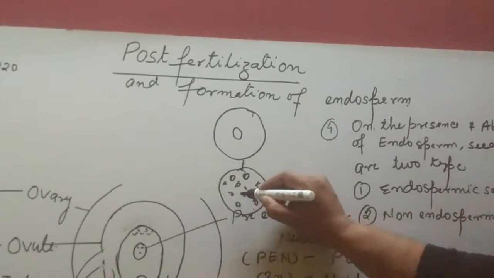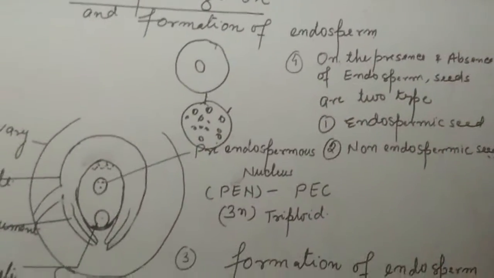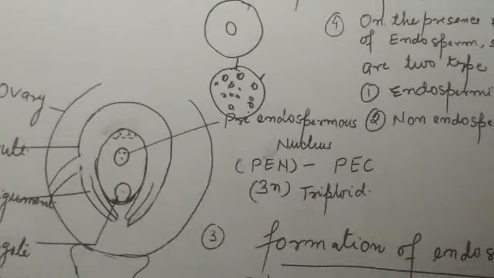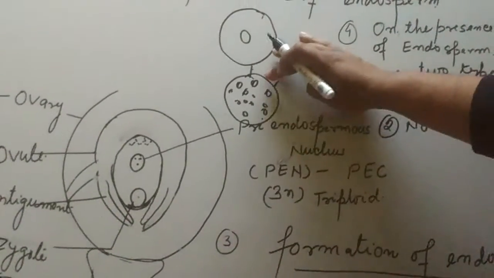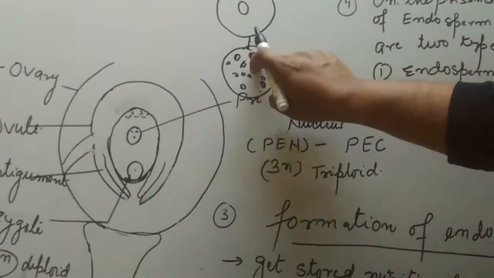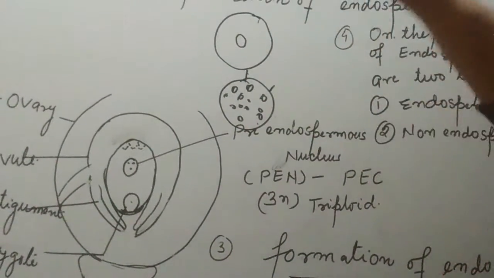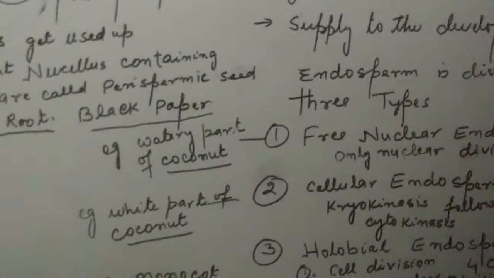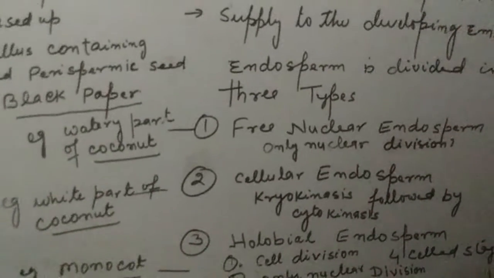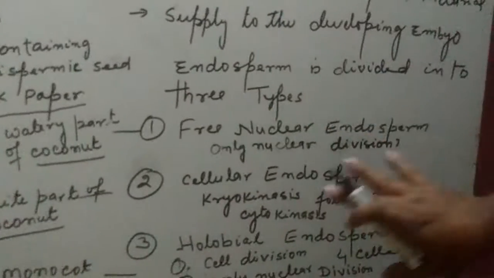It is also triploid in number, and that type of endosperm is called the free nuclear endosperm. Only nuclei are formed. It is not followed by cytokinesis, only karyokinesis. For example, the watery part of coconut is a good example of free nuclear endosperm.